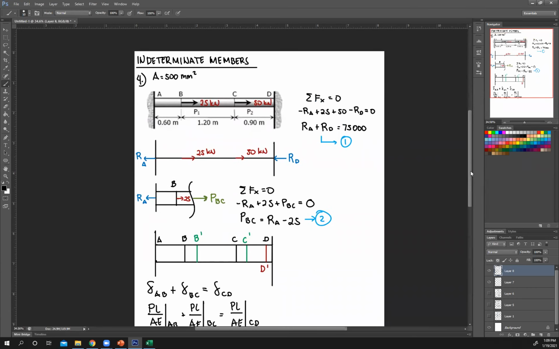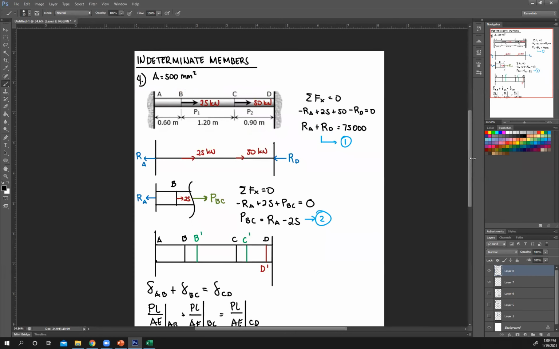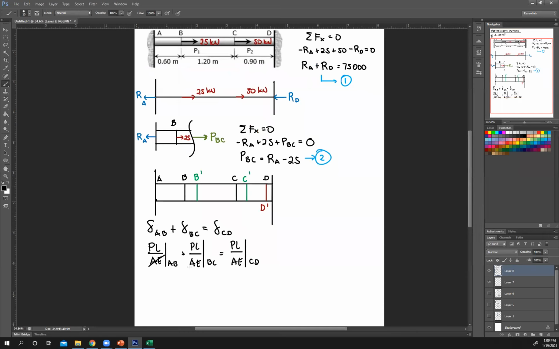Now let's see here. They all have uniform area, so I can cancel out area, and they're all made of the same material. It's not specified as a homogeneous bar, therefore they're all the same material, so they have the same E. So I can multiply everything by AE and AE cancels out.